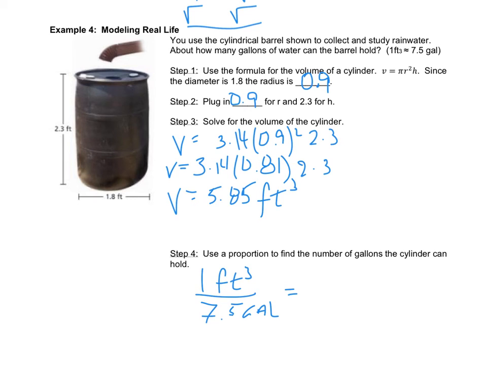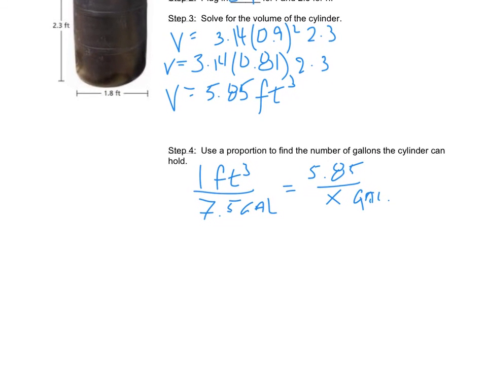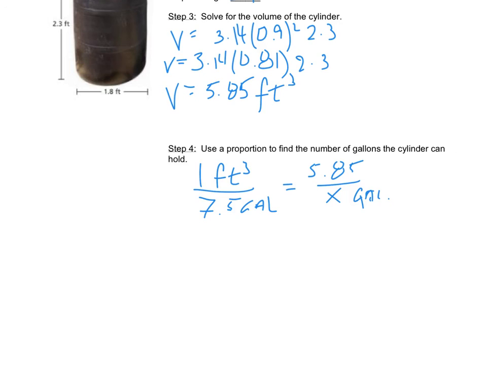So on the other side, I need to follow the same procedure here. So I had cubic feet above gallons. So on the other side, I need to put my cubic feet above the gallons. So on the other side, I would have 5.85 over x gallons. So I don't know what that is. That's going to be the one that we're missing. So remember, with your proportions, you are going to use your cross products.